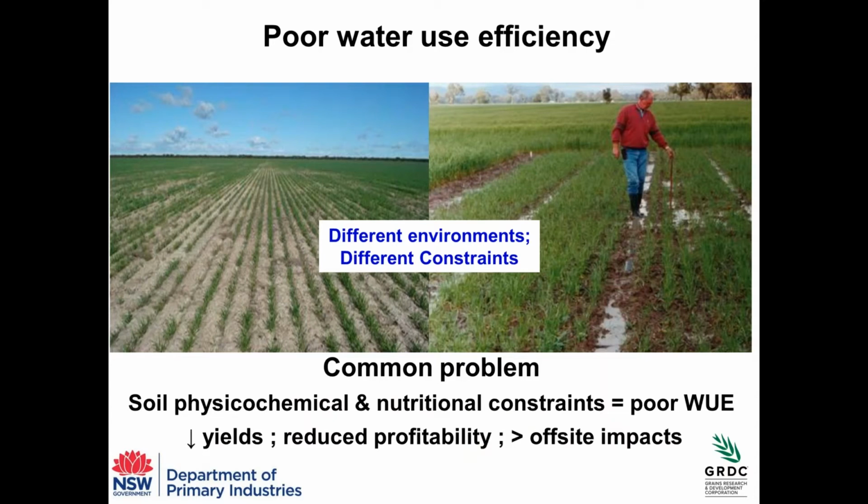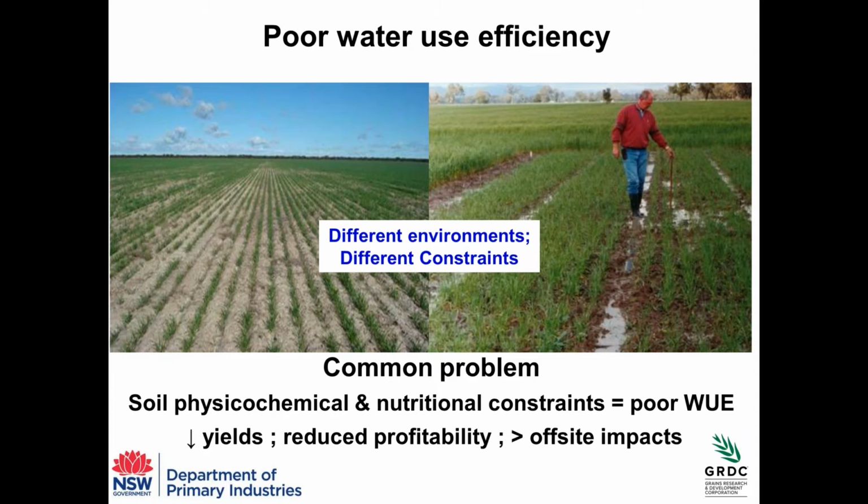Different environments and different farming systems have different constraints. I talked about sodicity and salinity, but low pH, or acidity, on its own is a problem. Waterlogging, which is related to acidic soil, is also a problem. And you have these problems in dryland farming systems or irrigated systems. Across all these different constraints, there is something in common, and that is poor water use efficiency.